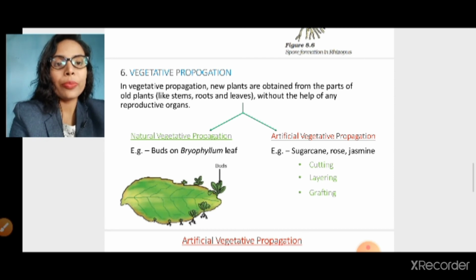As you see, the buds arise on the margin of the leaves and then detach to form a new bryophyllum. Examples of artificial vegetative propagation are sugarcane, rose and jasmine. There are three types of artificial vegetative propagation: cutting, layering and grafting.